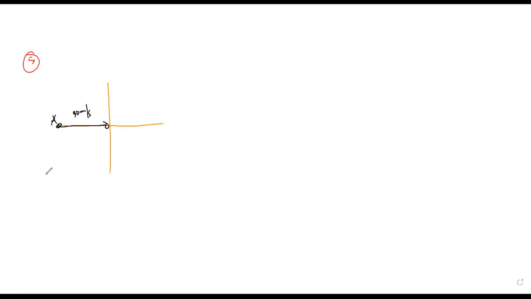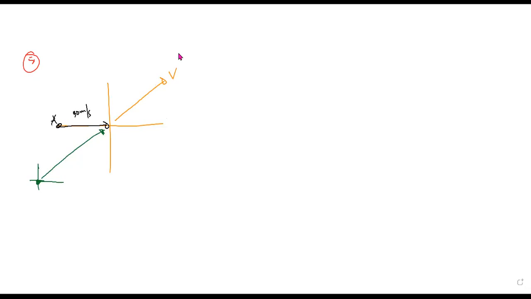So assuming that this truck starts from here, it moves in this direction and they collide after. Since the two stuck together, the two vehicles became one object and they travel at a velocity v.